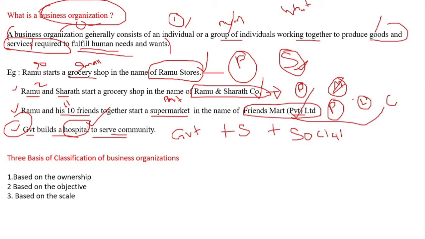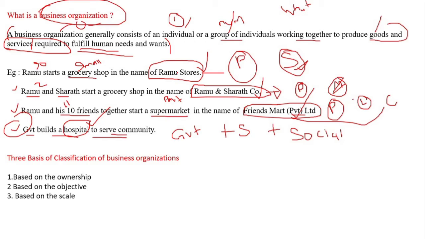So from this example, you can clearly understand, irrespective of size, irrespective of objective, whether it is profit making or social welfare, irrespective of the form, whether it is partnership or company or sole proprietorship, if any arrangement fulfills human needs and wants by the way of producing goods and services, that is known as business organization.